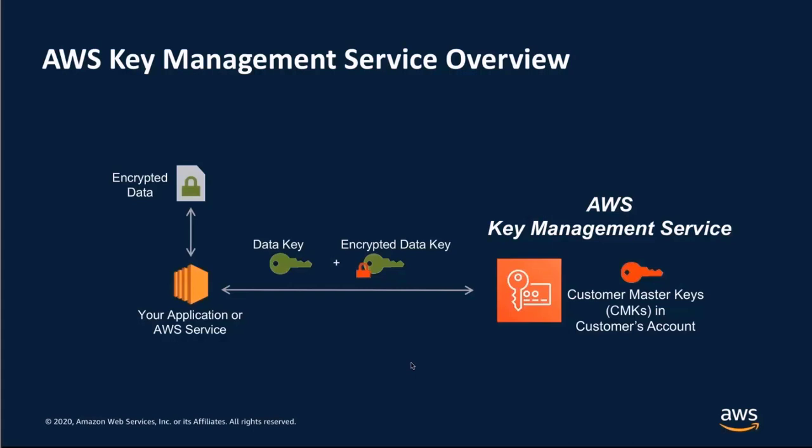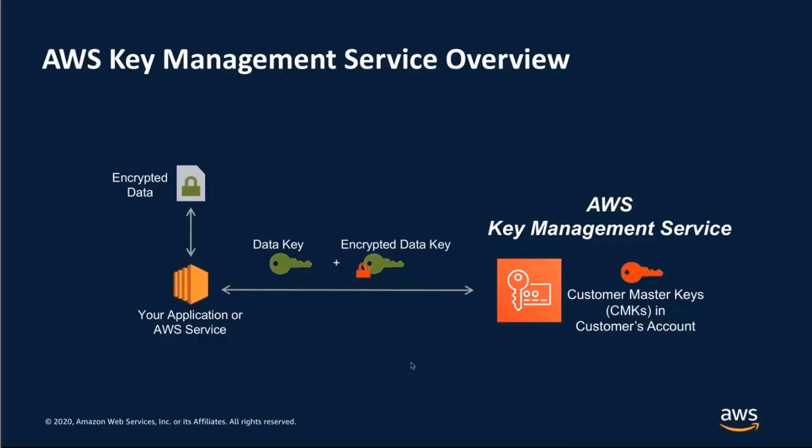Here, as you see in this particular demonstration, we will start on the right side of the screen where you have the service itself. You have customer master keys, or CMKs as we call them. You start with creating your CMKs in your AWS account. And once you're ready to use them, you make an API call to generate what we term as data keys.